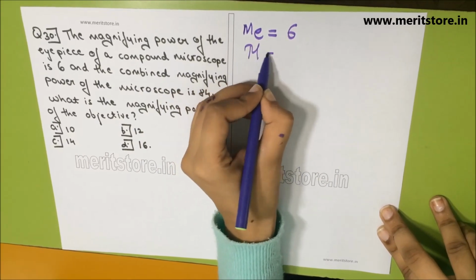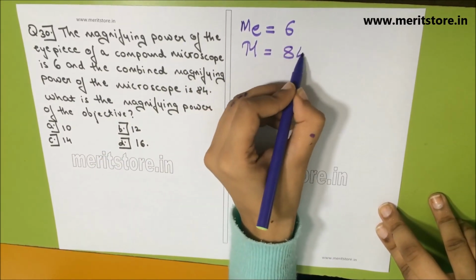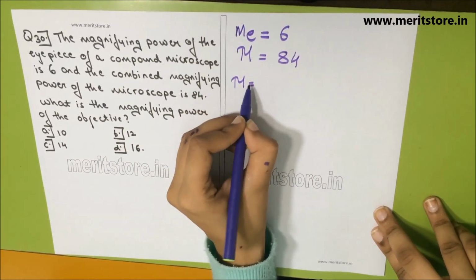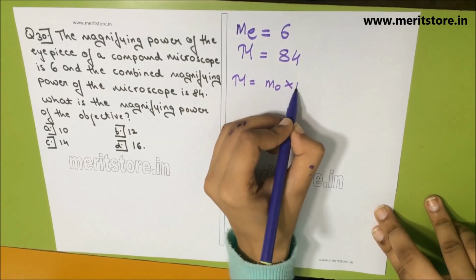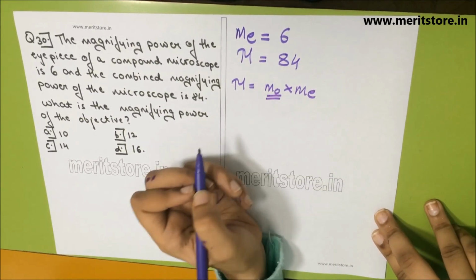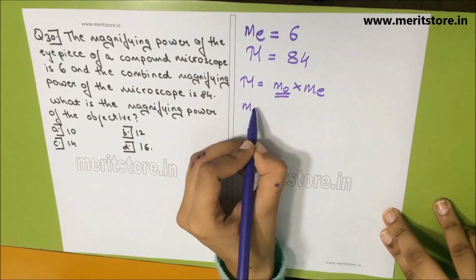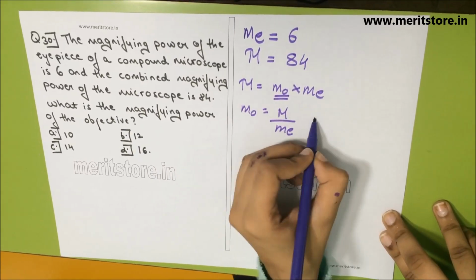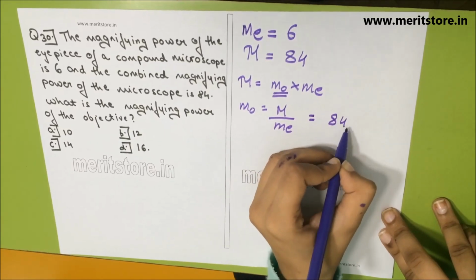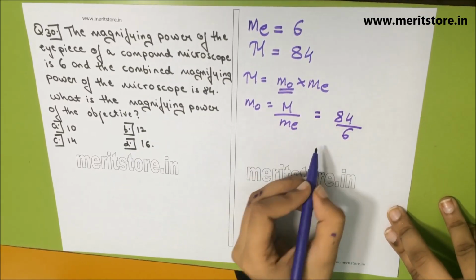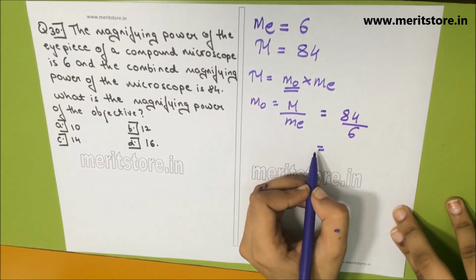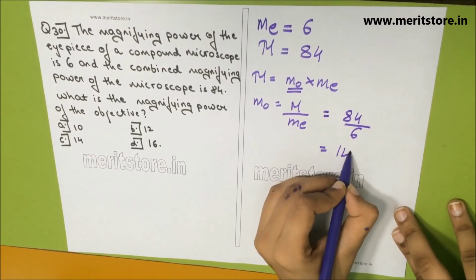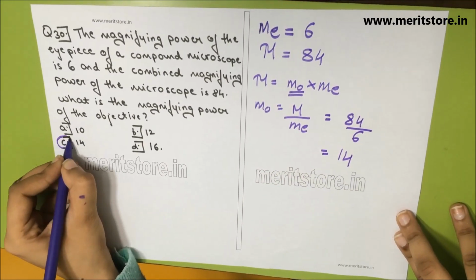I have the combined magnifying power as 84. By using the formula M equals MO into ME, we can find MO. So MO will be M by ME, which equals 84 by 6, which equals 14. Option C is the correct.